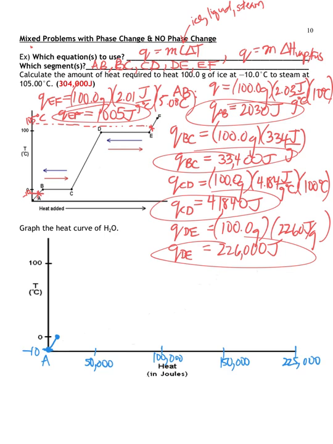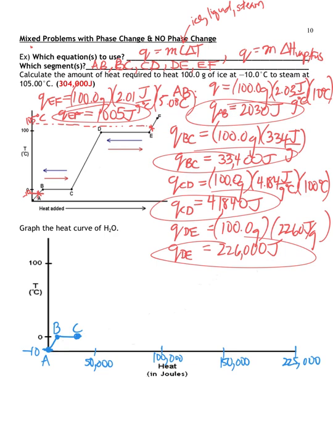If you add 2,030 to 33,000, you're a little more than halfway. So I'm going to end my segment a little bit more than halfway right here, where 35,000 is. So this is A, B, C.